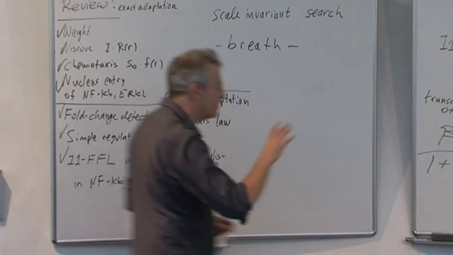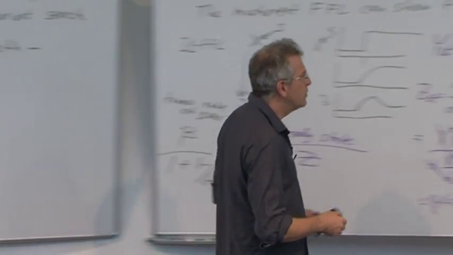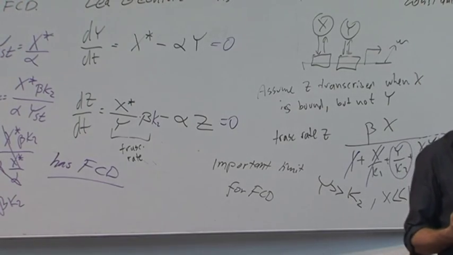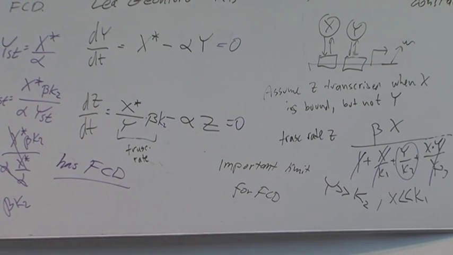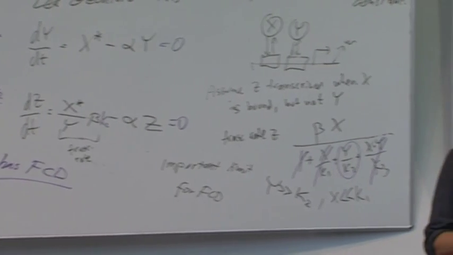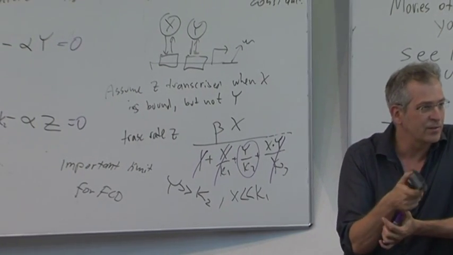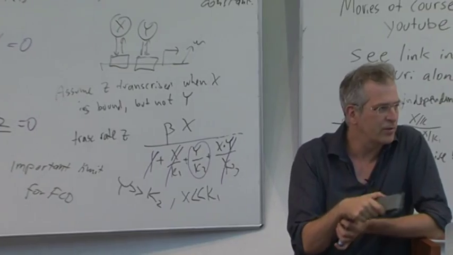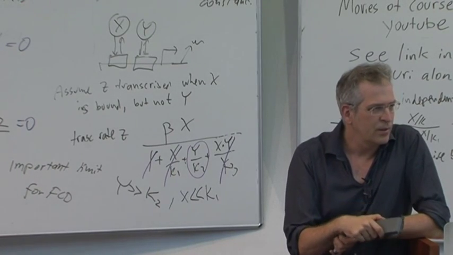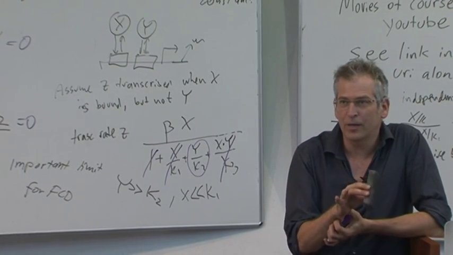And I want to connect this now to this NF kappa B system I started with, Suzanne Gaudet's experiment. Because she kind of went through to ask what the circuit is downstream of NF kappa B. And it turns out it's an incoherent type 1 feed-forward loop.